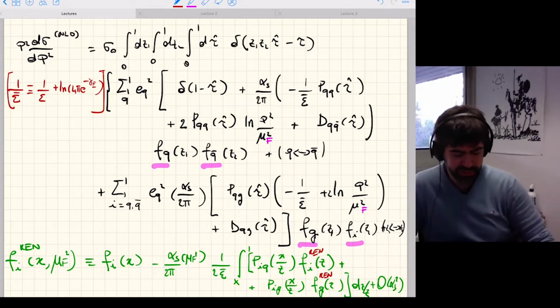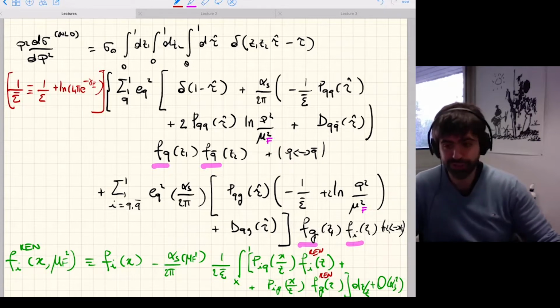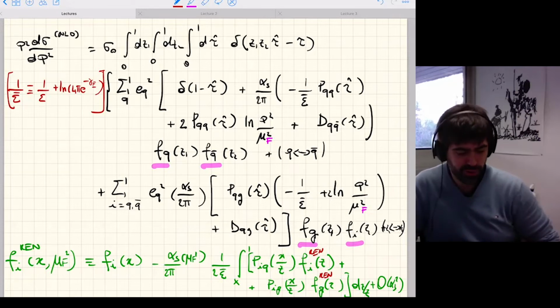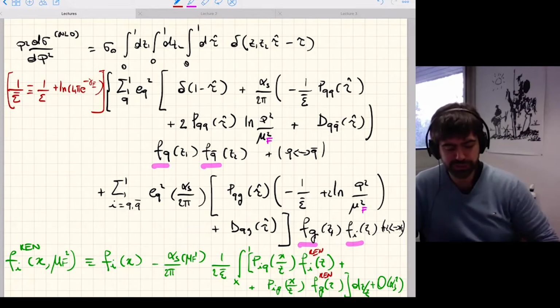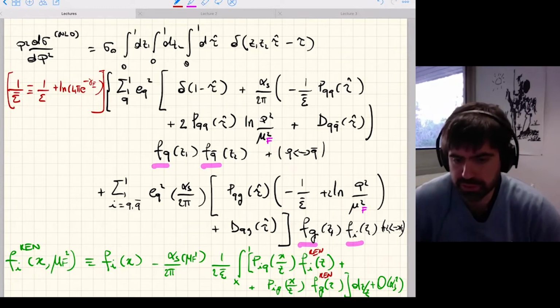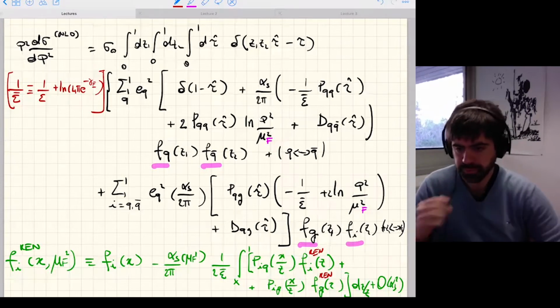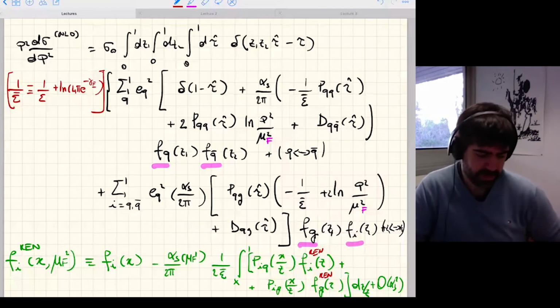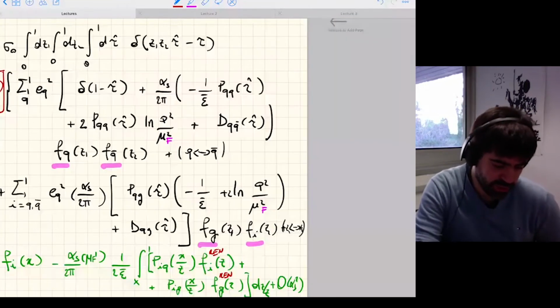I have the calculation in my notes, but I don't want to spend too much time on it. It's an interesting exercise to show that this actually works. You have to work a little bit with all these convolutions to see that the cancellation actually happens. I leave it to you as an exercise, but it's actually in the notes, so you can also see. Okay, so let's imagine that we do that, but the procedure is clear.